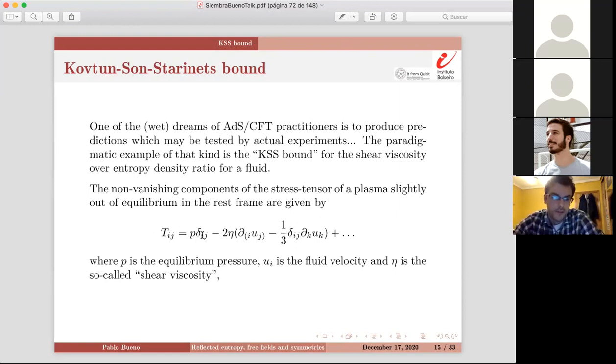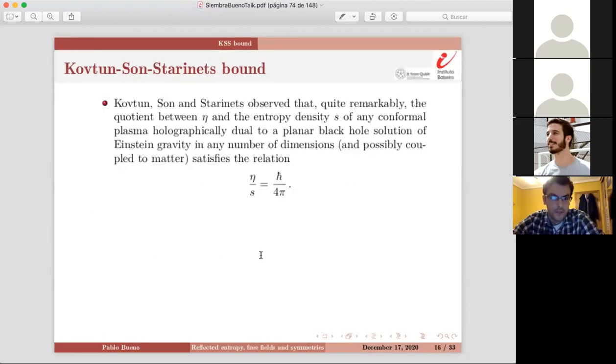So, at leading order, you have the pressure, and at first order in derivatives of the velocity, you get something which is controlled by this shear viscosity. It is a sort of a measure of internal frictions within the fluid.